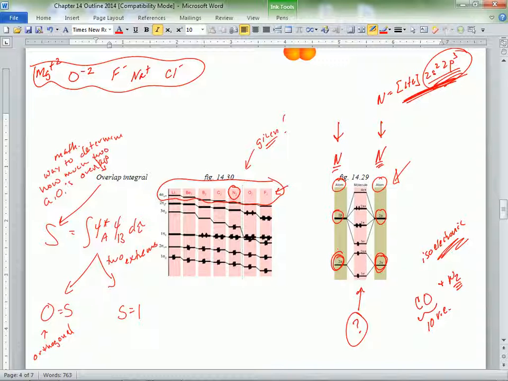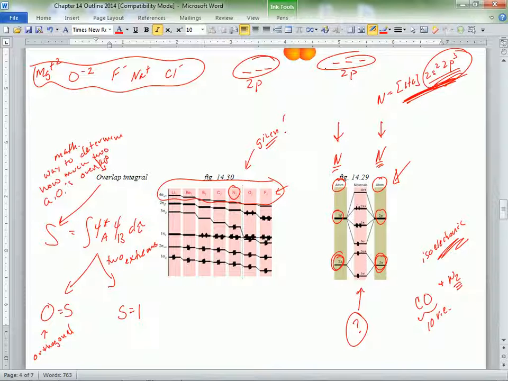But if you have 2p, a 2p has how many orbitals really? 3, right? So if you have 2p there and 2p here, now we're going to have how many molecular orbitals? 6.